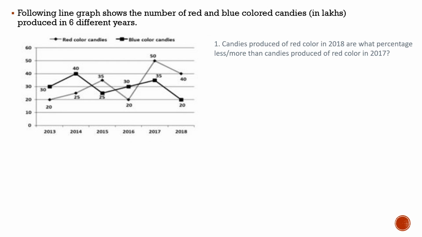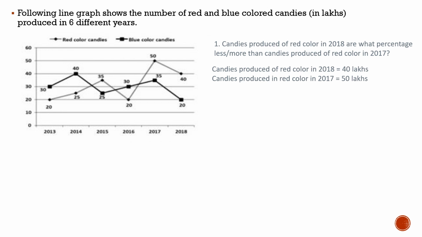So from the graph, you can see that for the red color candy, the production in 2018 is 40 lakhs. For 2017, it is 50 lakhs. So compared to the previous year, the production has reduced.